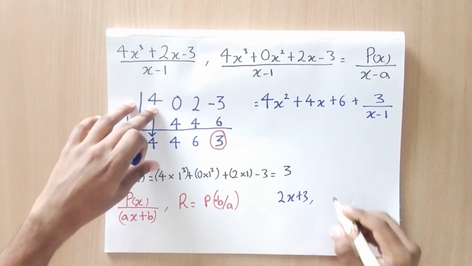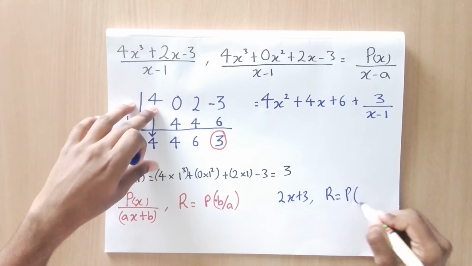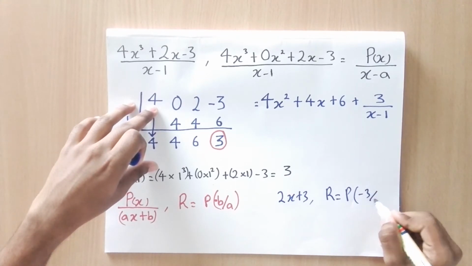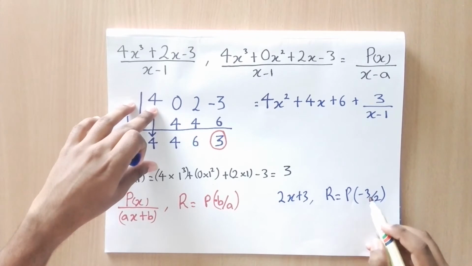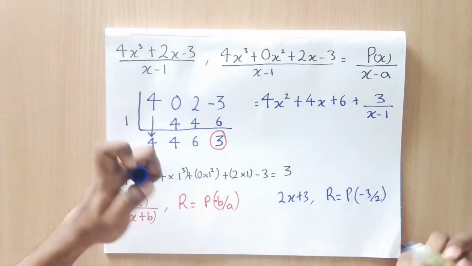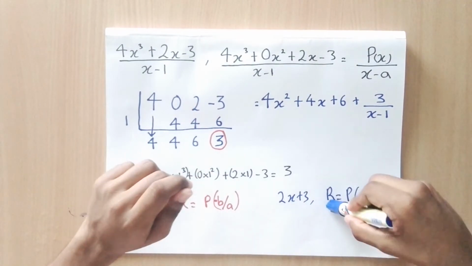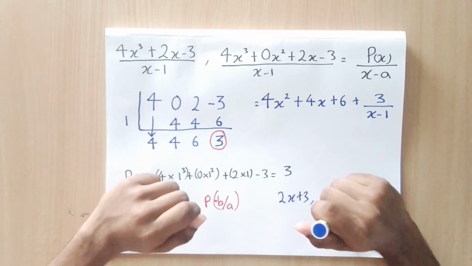Then the remainder will be p(minus 3 over 2). If we substitute minus 3 over 2 in this, we will get the remainder. So this is proved in the exercises given to you.